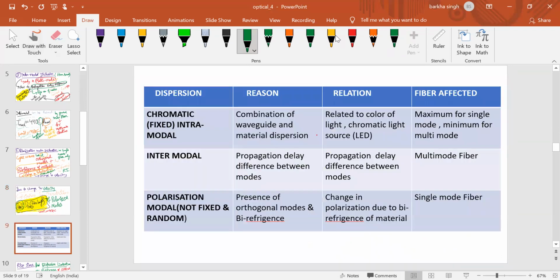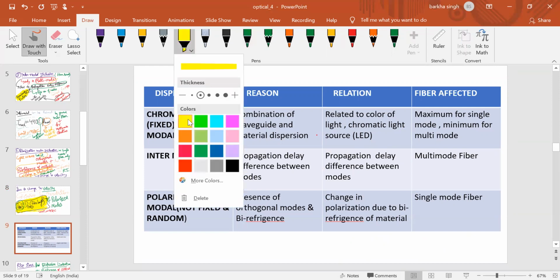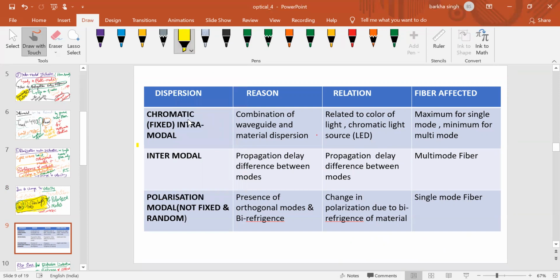Let's see this chart, which clearly tells the reason, relation, and the fiber affected as per the different dispersion. Chromatic, also called fixed intramodal dispersion: the reason is a combination of waveguide and material, related to color of light, chromatic light source, basically LED, and the fiber affected is maximum for single mode and minimum for multimode.